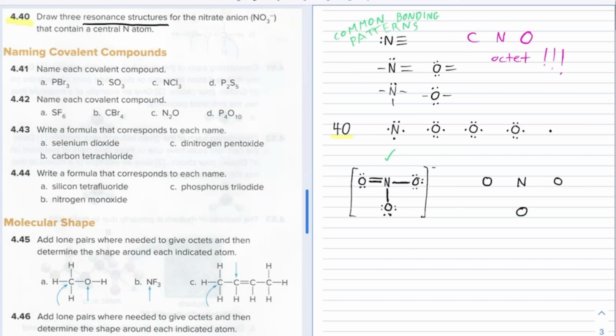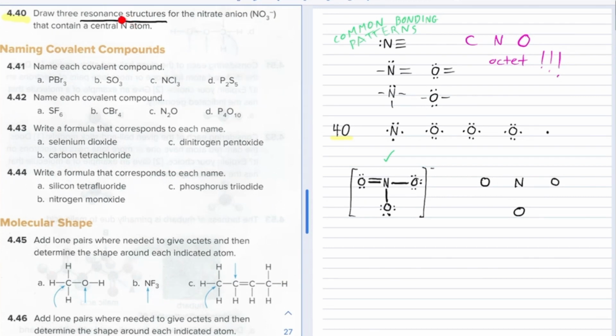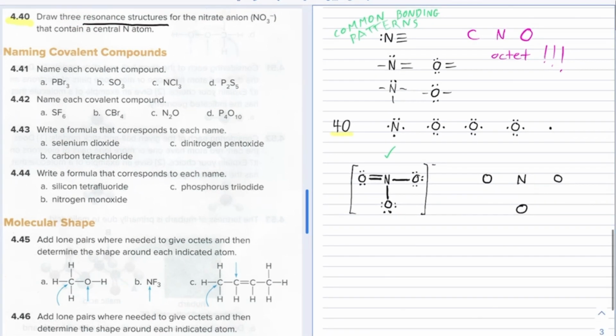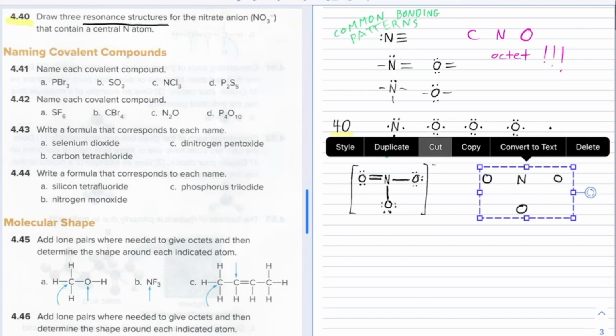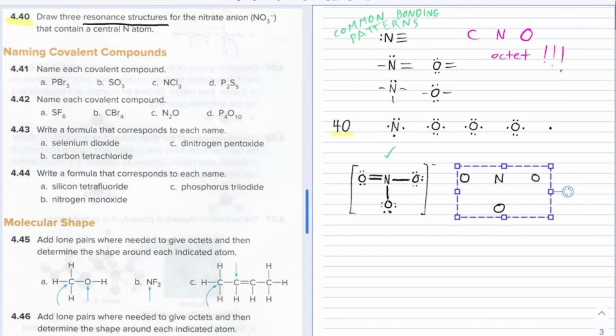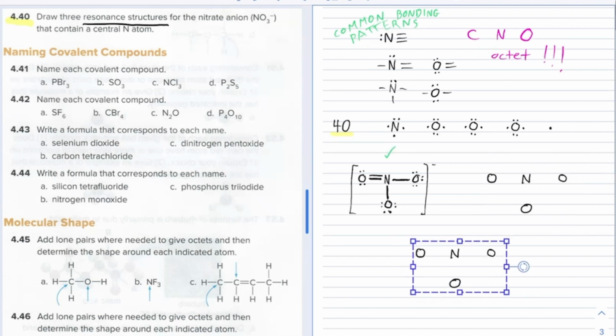The problem indicates that there are 3 resonance structures. We should be able to draw 3. So let's even take this and put that back. Let's put another one down here. Okay, so let's see if we can get 3 of them.